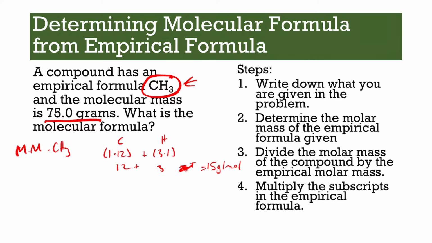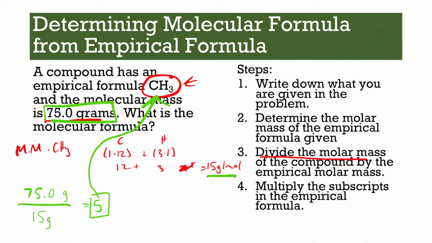Our next thing is to divide the molar mass of the compound by the molar mass of the empirical formula. So that's taking this and dividing it by that. So what this is showing us is the mass of the actual thing we're looking for and the mass of the small ratio of it. So 75 divided by 15 is 5. And so what that number means, we're not done, is that the molecular formula is 5 times bigger than CH3.